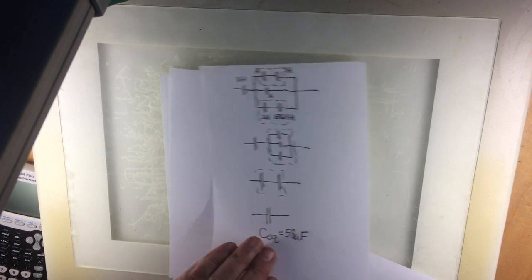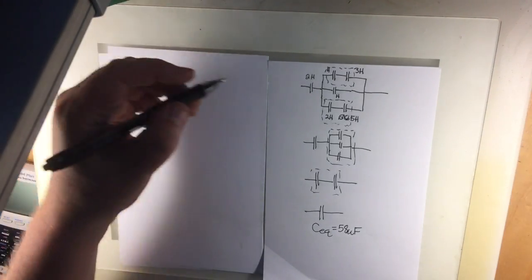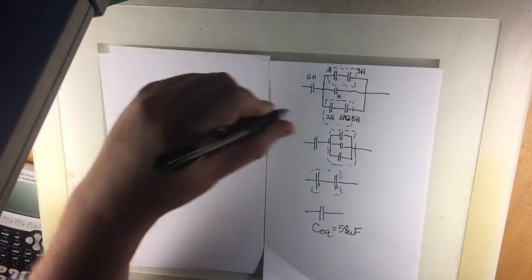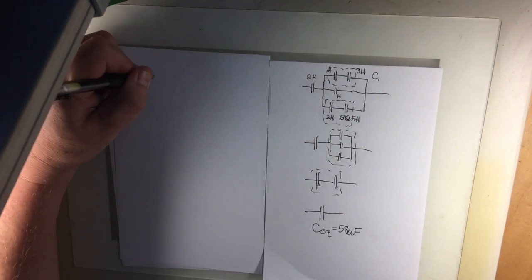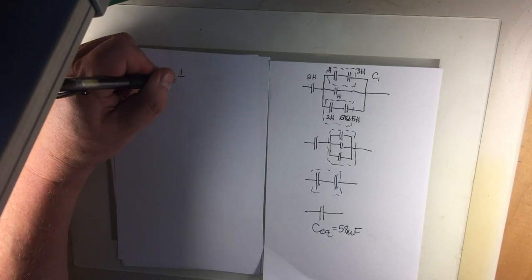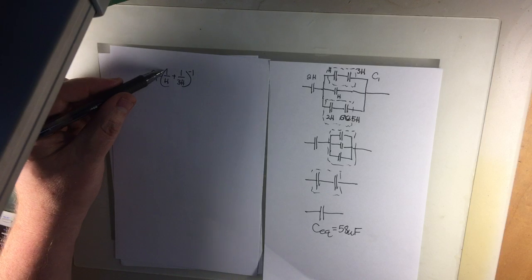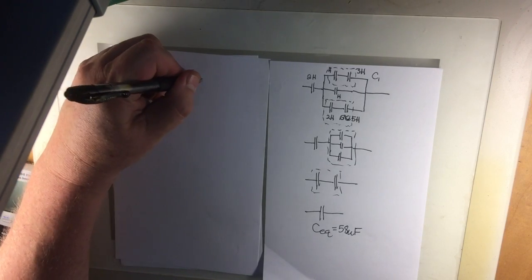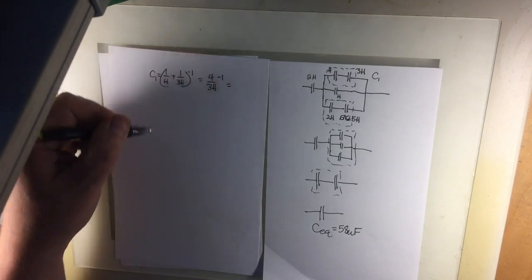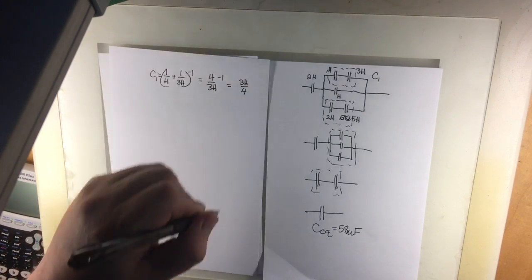What you need to do is start doing the equivalent capacitance and slowly work down. H and 3H, they're in series, so I'll call this C1. So C1 is the inverse of H added to the inverse of 3H, inverted. This makes this 4 over 3H inverted, which means that this upper C1 is 3H over 4.